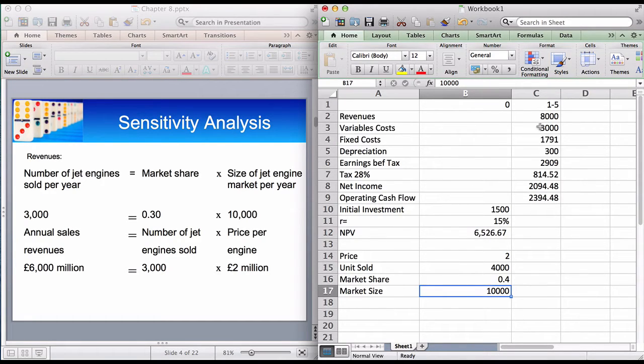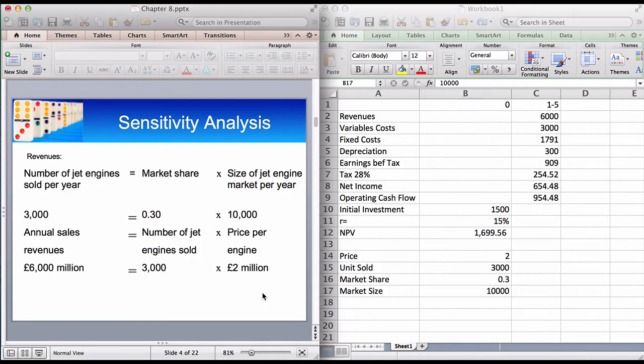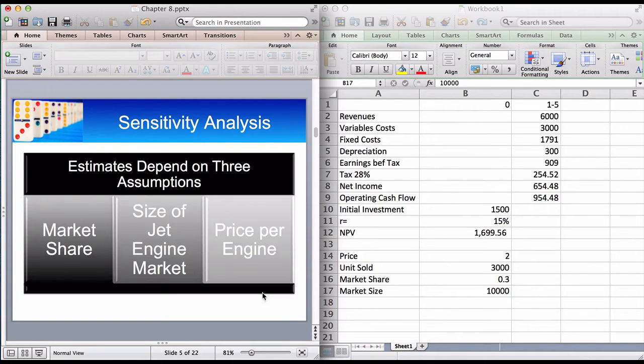So the spreadsheet is set up properly so that any changes in your assumptions will flow through the rest of the analysis. Okay, so we've got 3 assumptions: the market size, the market share, and the price per engine. They're the 3 inputs into our calculation of revenues.